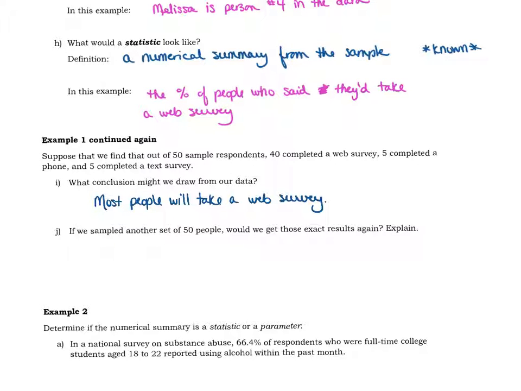And if we sampled another set of 50 people, would we get those exact same results again? Hopefully, right off the top of your head, you say no. Now, might we? Yes. We might get those exact same results again.